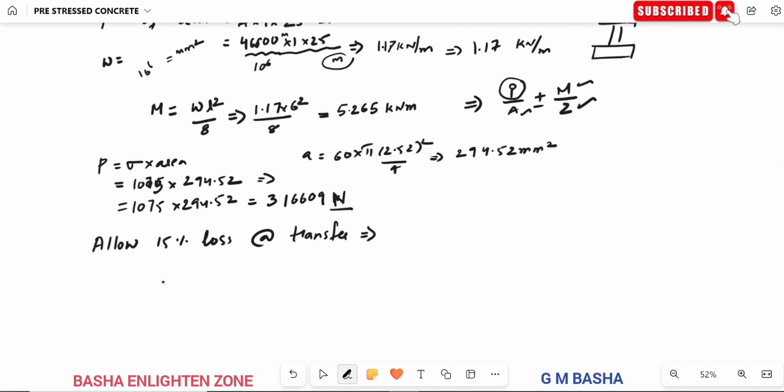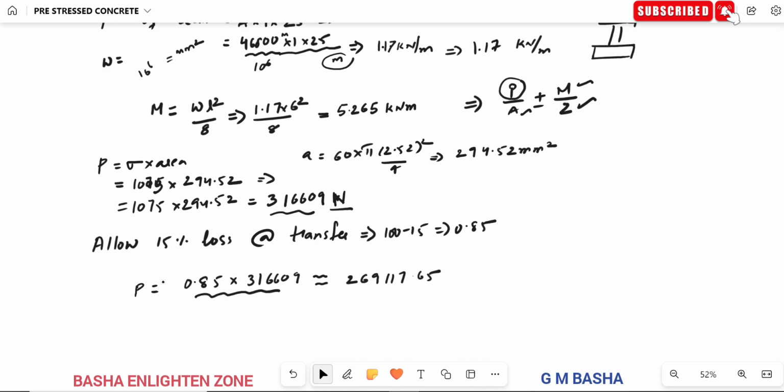for the prestress, 15% means 100 minus 15, you will get around 0.85. So whatever prestress obtained here, you can take down. P value will be equal to 0.85 into 316009. So this will be around 269,117.65 approximately. Whatever value obtained here, you can substitute directly.